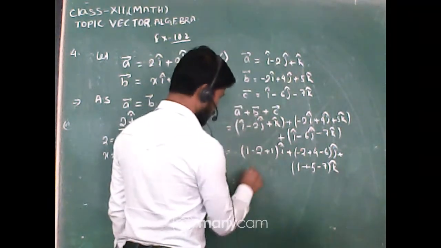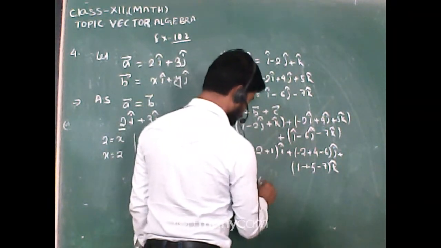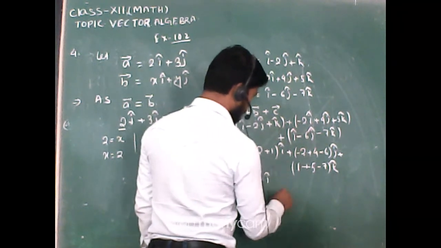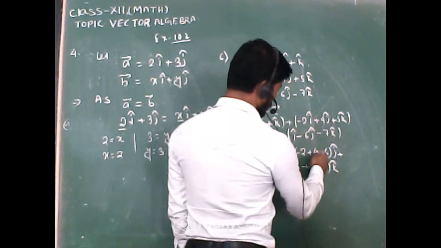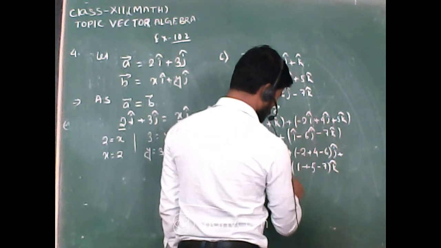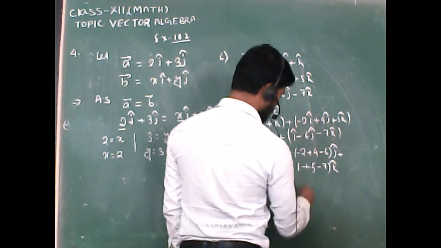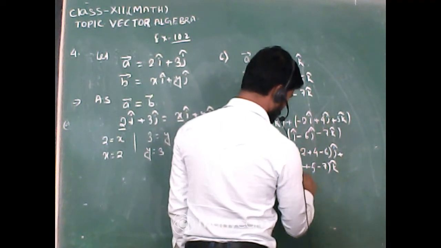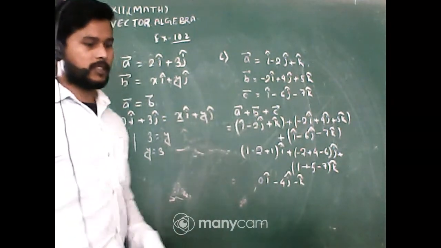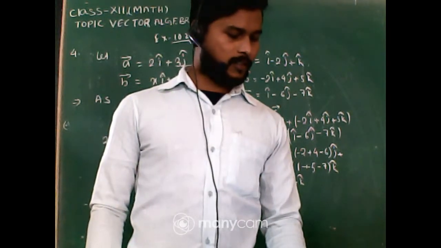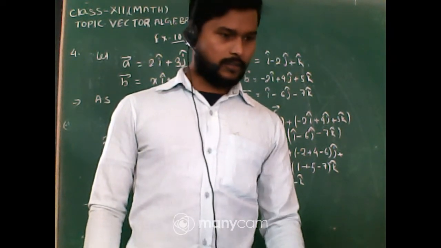Which is equal to 0 into i hat plus minus 4 j hat, and this is minus k hat. So this is the sum of these three vectors.